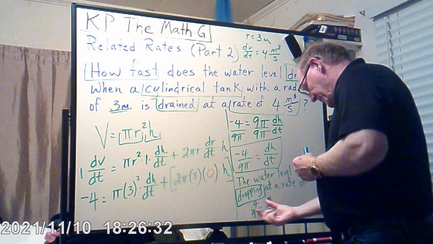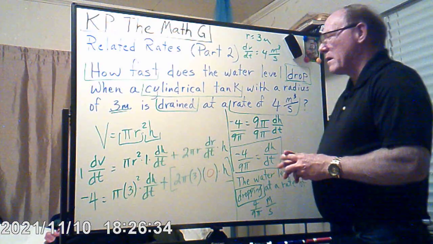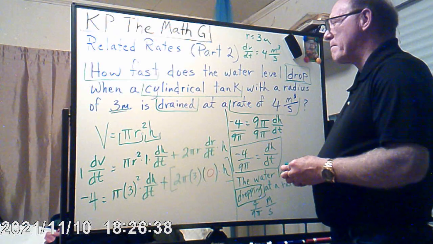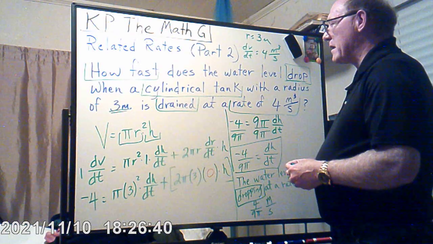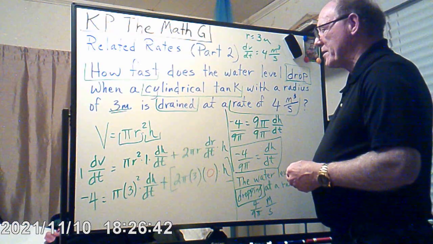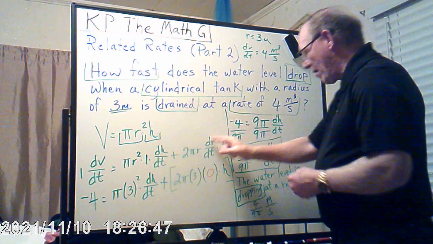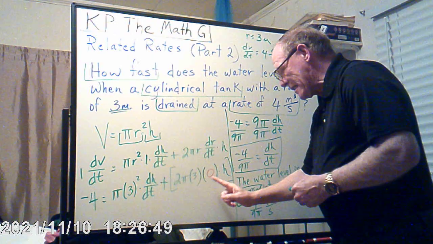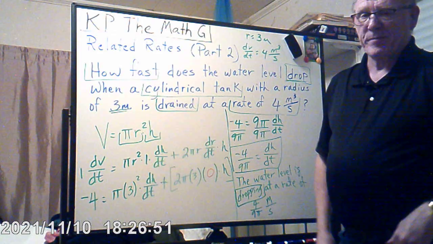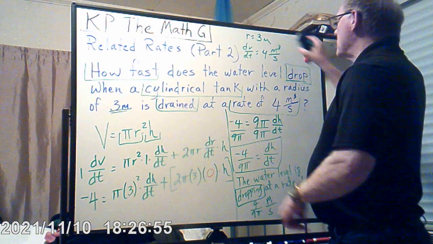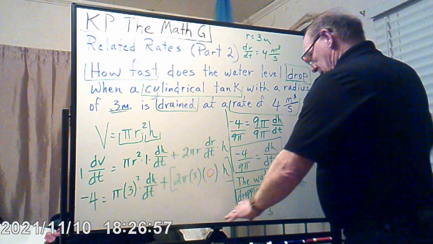So there it is. And you have to put your units down in this case. That is one of the two problems. Just keep in mind here that the dr over dt is 0. All right. Let's look at the other side.